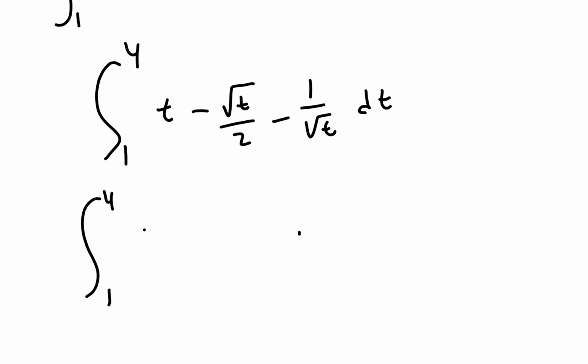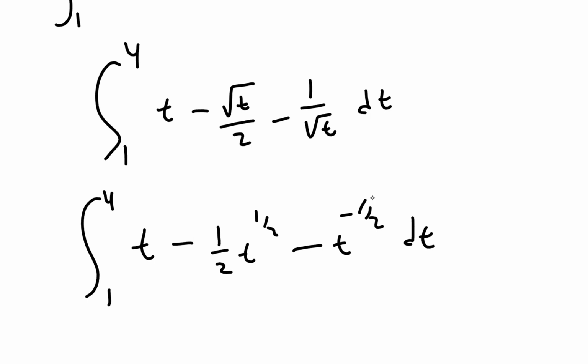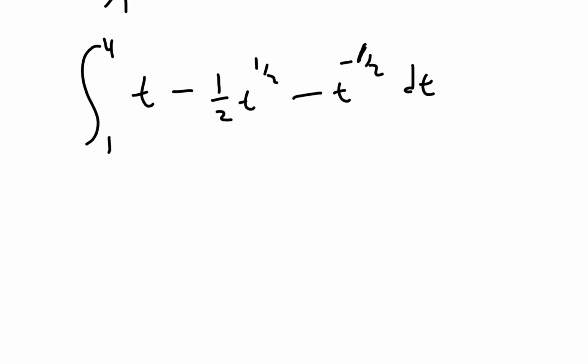Integral from 1 to 4 of t minus, oops, sorry, that looks like equals. Let's fix that up. All right, so that's going to be t minus 1/2 t to the 1/2 minus t to the negative 1/2. So this is about rewriting our exponents. And now we're ready to do our antiderivatives. So here we go. This becomes 1/2 t squared.